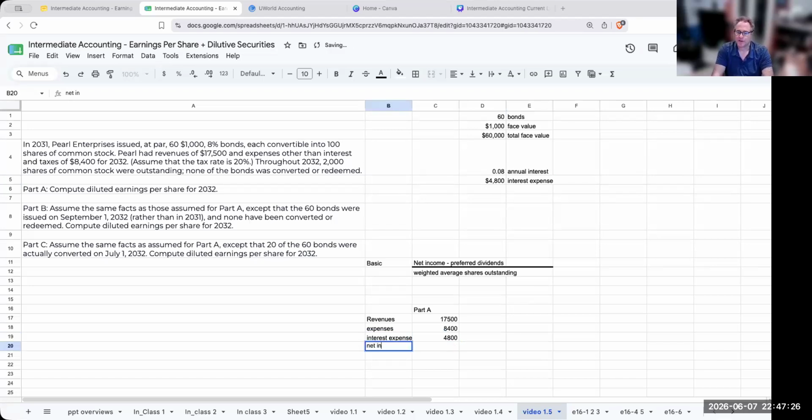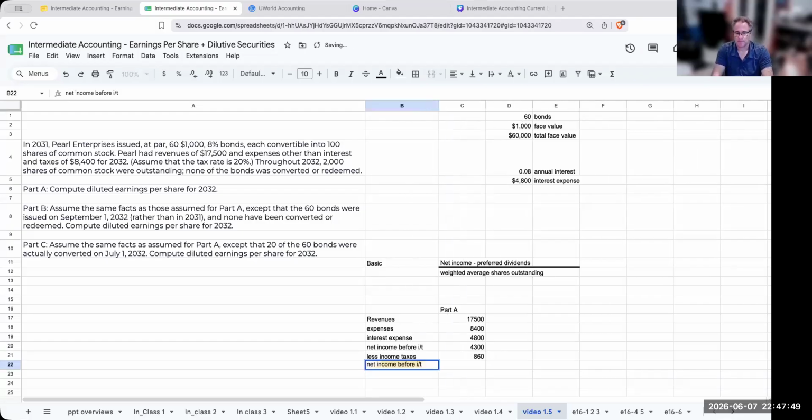So my net income before income taxes is going to be 17,500 minus 8,400 minus 4,800, or 4,300. Less income taxes at 20%, or 860.